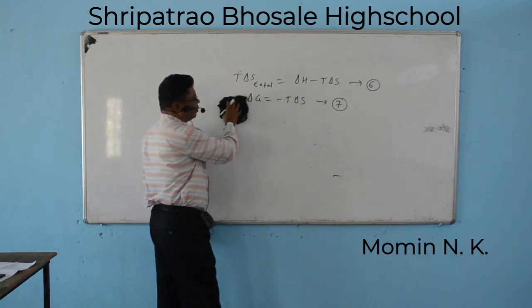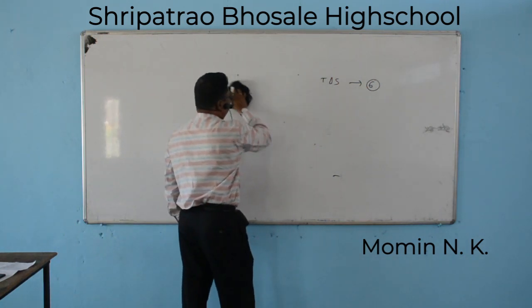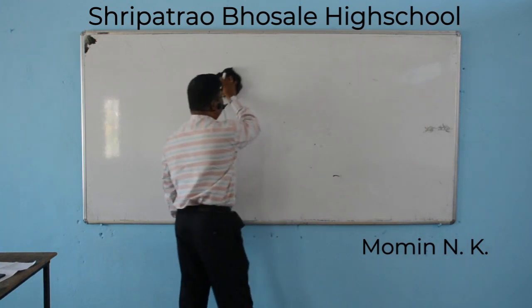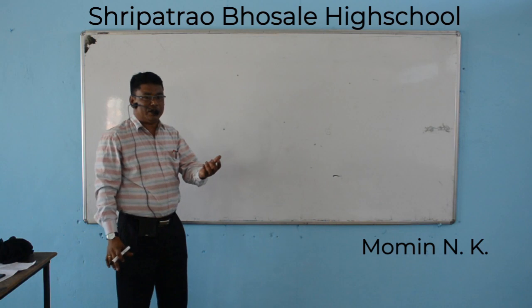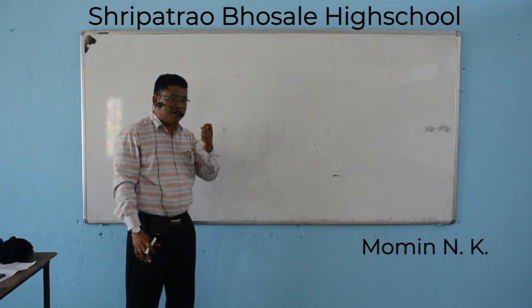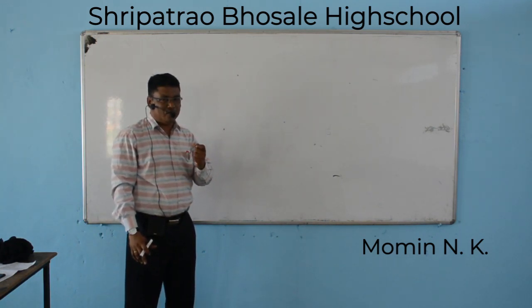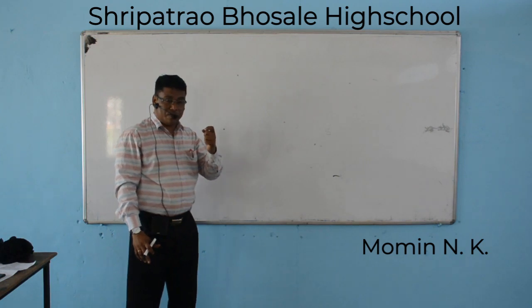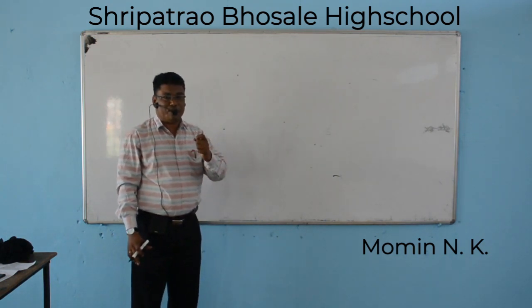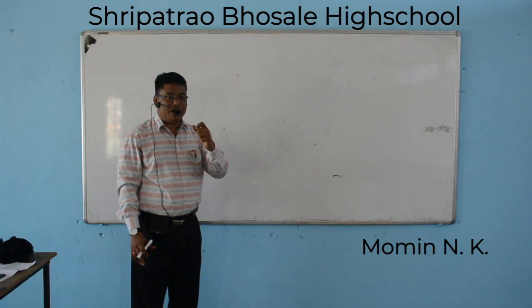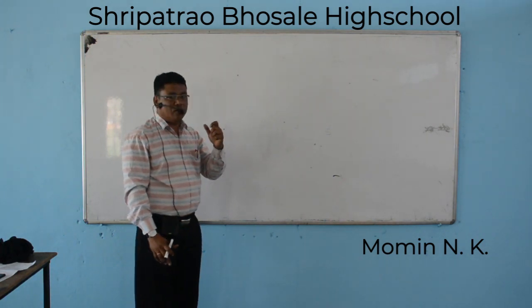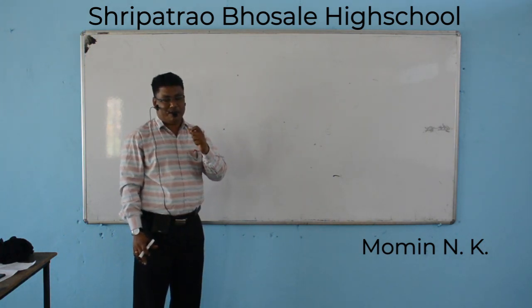Last time we completed that whenever delta S total is greater than 0, the process is spontaneous; when delta S total is less than 0, it is non-spontaneous; and when delta S total is equal to 0, the process is at equilibrium.